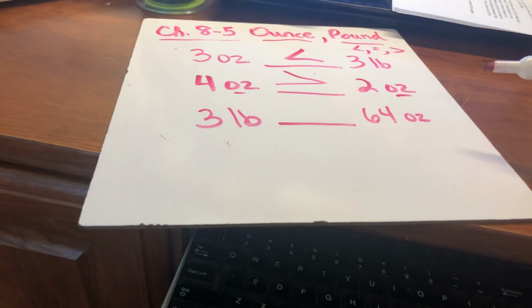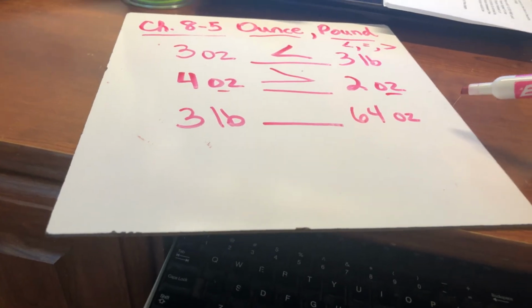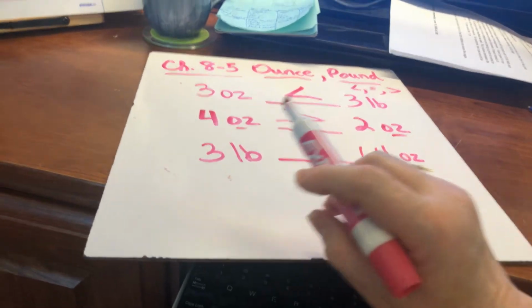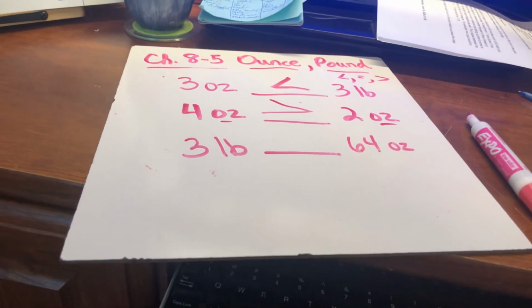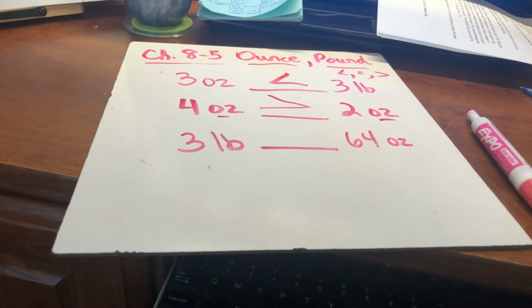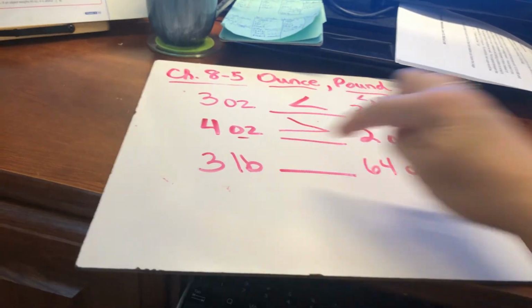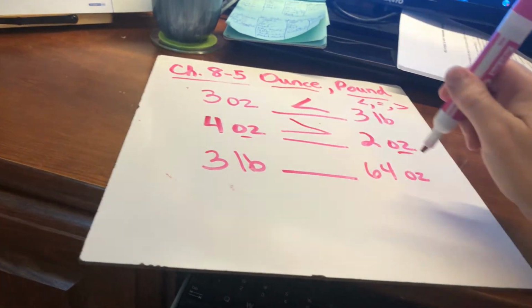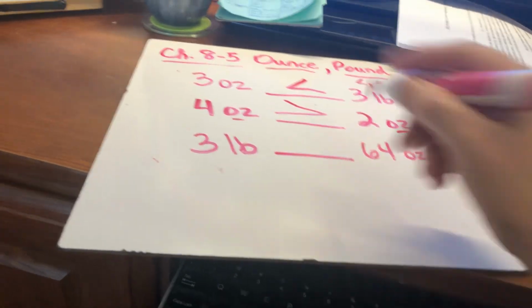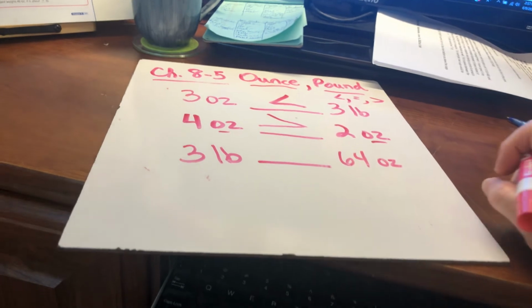Which one's bigger? Pounds is bigger. So when I have 2 units of measure that are different from one another, and one unit is bigger than the other, I change the bigger one into the smaller one. I rename the bigger one in the smaller one's units.